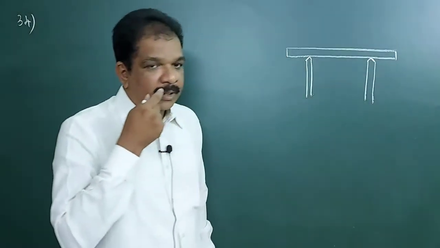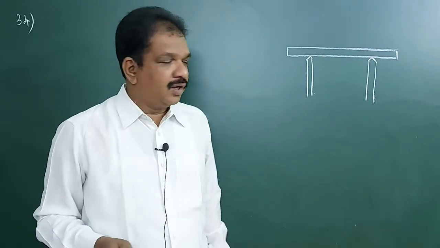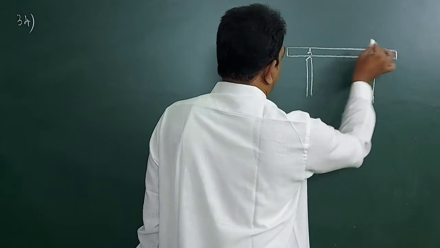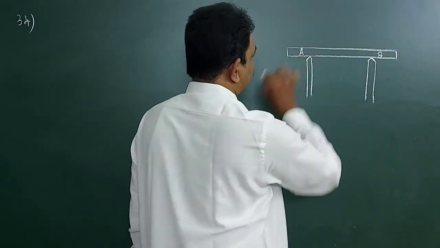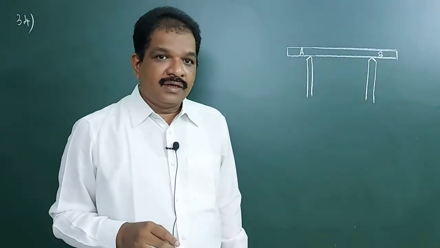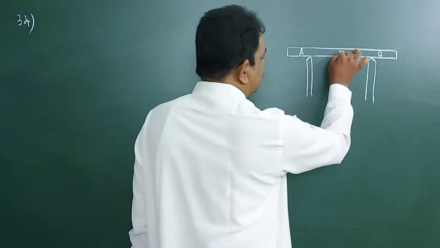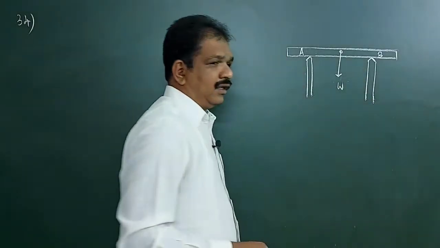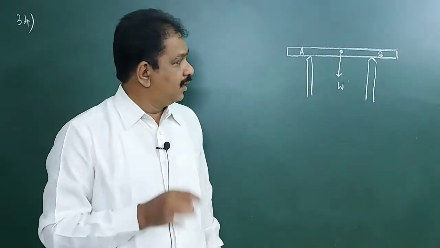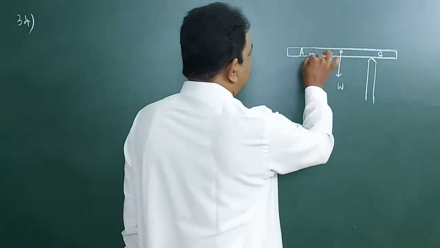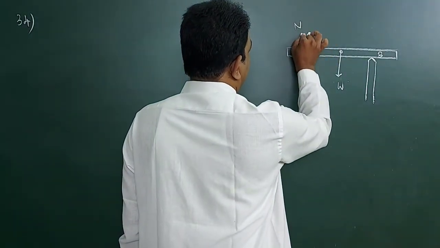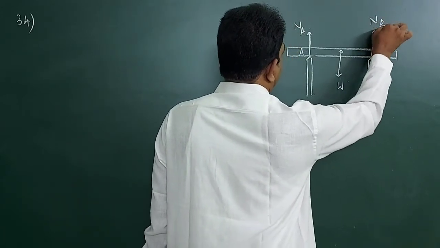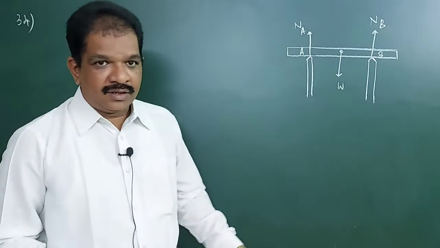They are located at the points A and B. On the rod, how many forces are acting? Its weight mg is acting at the midpoint, and the normal reactions will act in the upward direction.